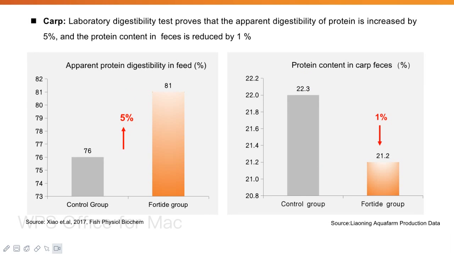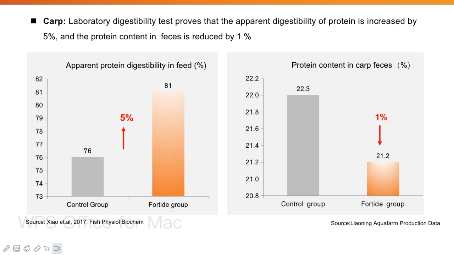And based on the better growth and development of the intestine and the increased activity of digestive enzymes, the ability of digestion and absorption of nutrients is enhanced. The digestibility experiment we did in our laboratory also proved that the apparent digestibility of the protein can be increased by 4%.